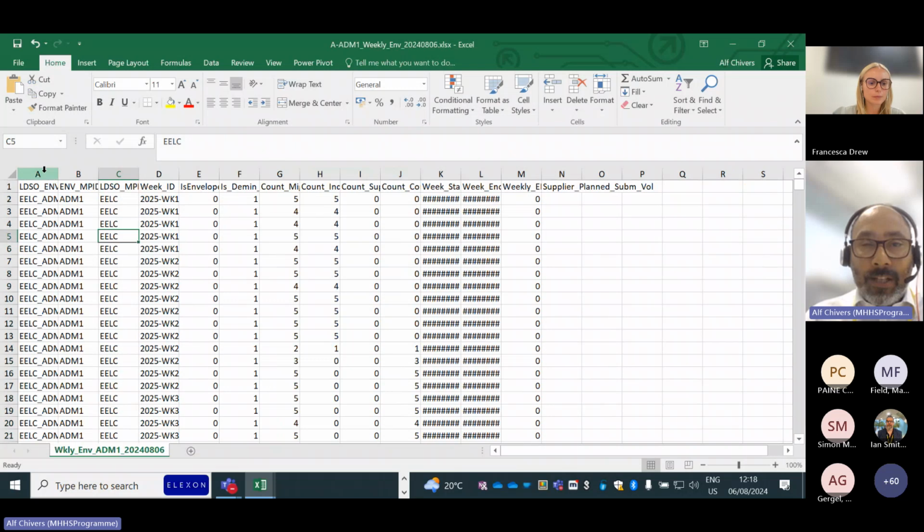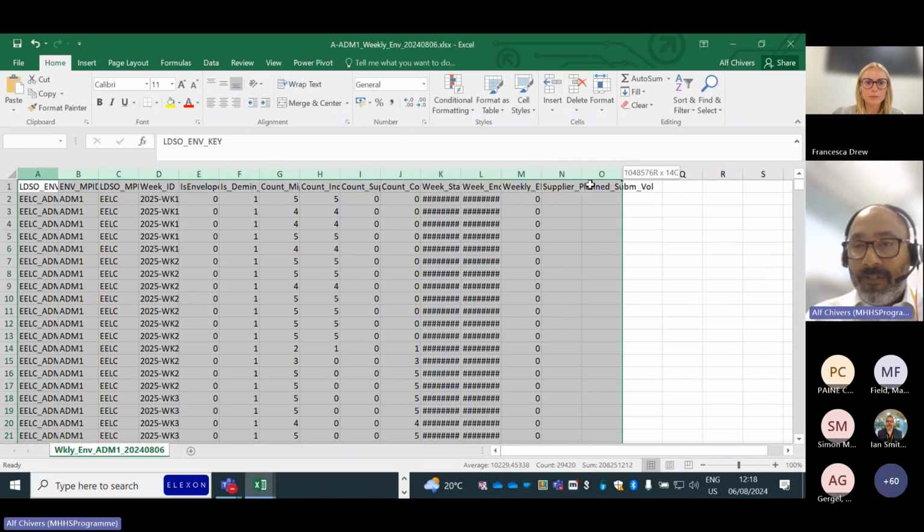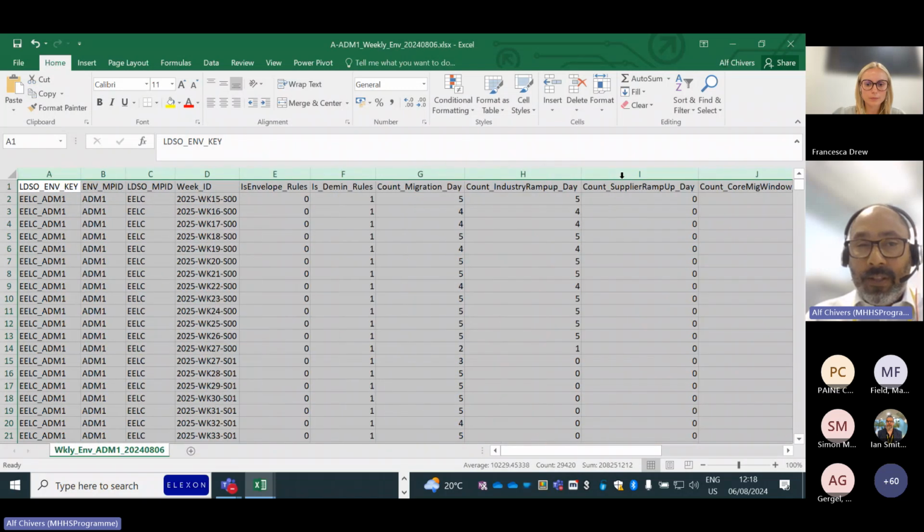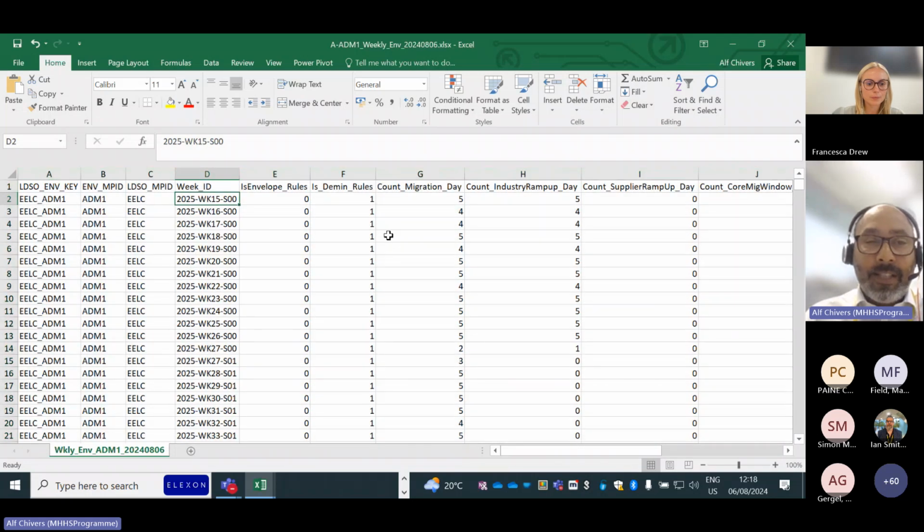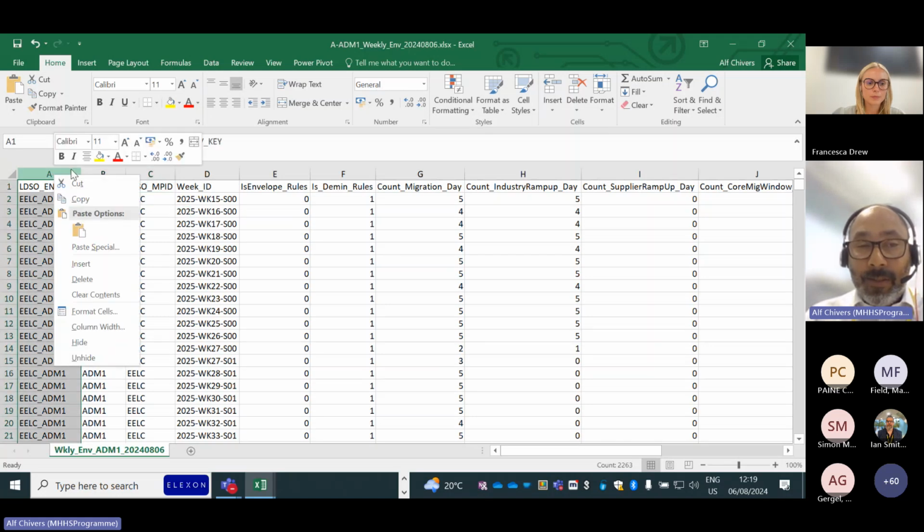So now this has a time dimension effectively added to the data that we've seen before, and it's a weekly granularity as we've already stated. The first one is the LDSO envelope key, which is just a composite key of these two values. We need this for when we actually ingest the data back into our system.